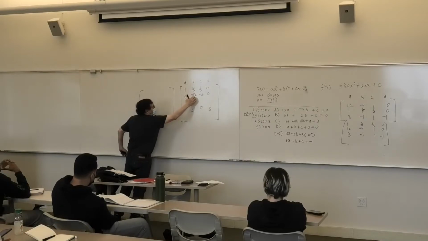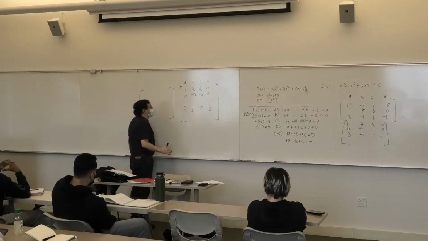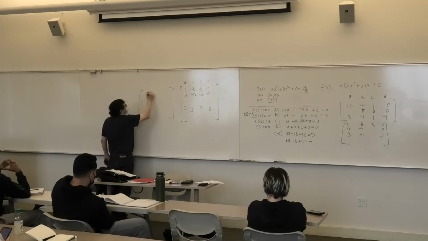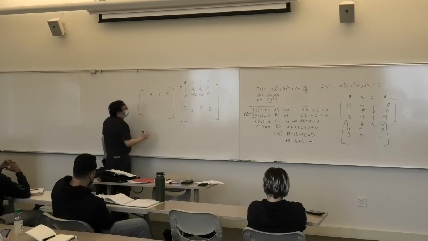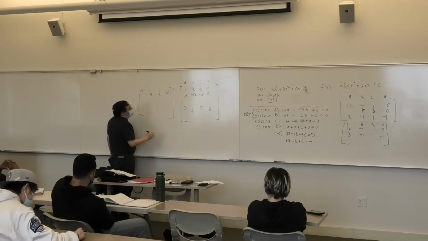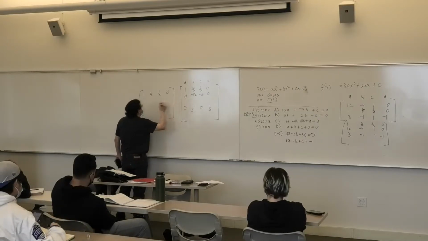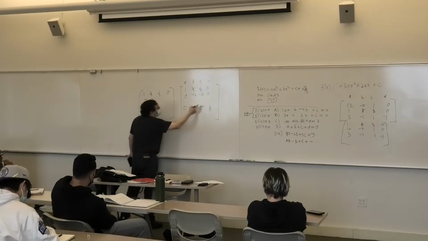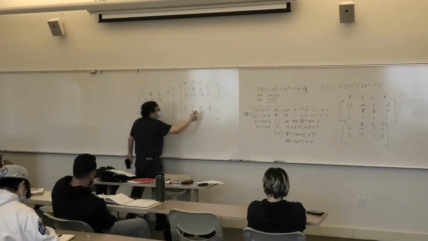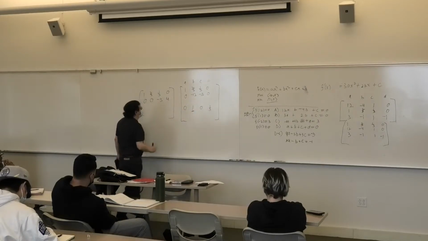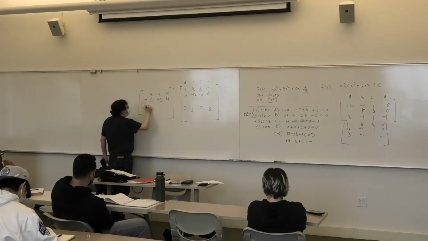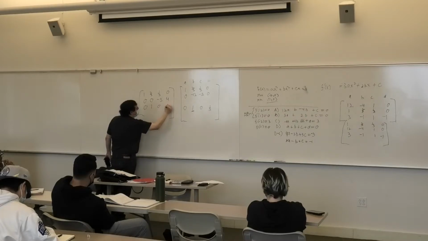That'll get rid of, that'll put a 0 here. So if I multiply this by 12, I'm going to get 0, 0, minus 3 times 12 is 4. I'm going to get 4. Now I have 0, 1, 0, 1 third.